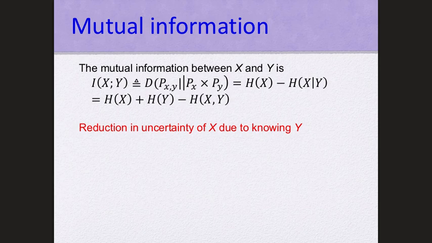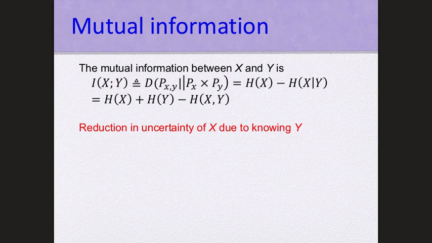In terms of getting more knowledge about X. Yes, right? So the mutual information is how much I know about X if I know Y. That's the opposite of what this one was saying: this says how much I still don't know about X when I know Y. Mutual information says how much I know about X when I know Y.